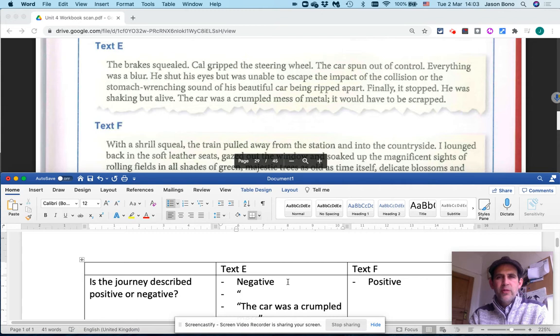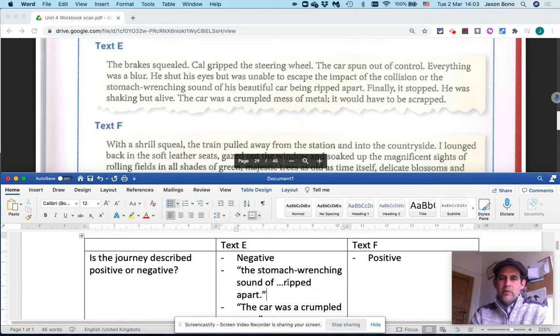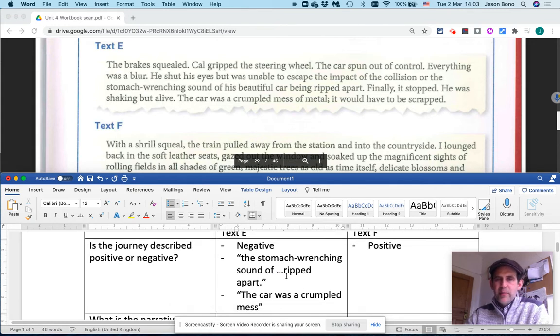What jumps out at you? What is there that shows how awful it was while it was happening? "Stomach-wrenching sound of his beautiful car being ripped apart." That shows the horror of the experience while it's happening.